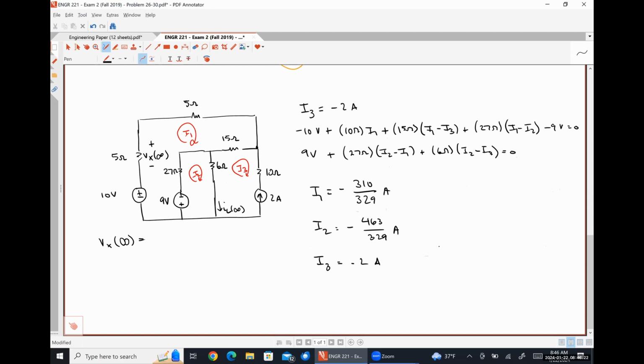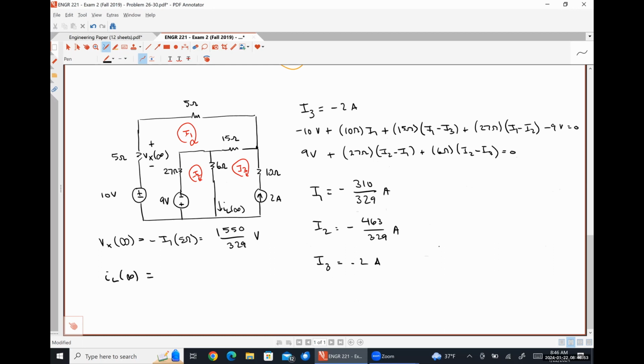Vx at infinity is going to be negative 5 ohms times I1, as it has been literally every time we've looked at this, which comes out to be 1,550 over 329.